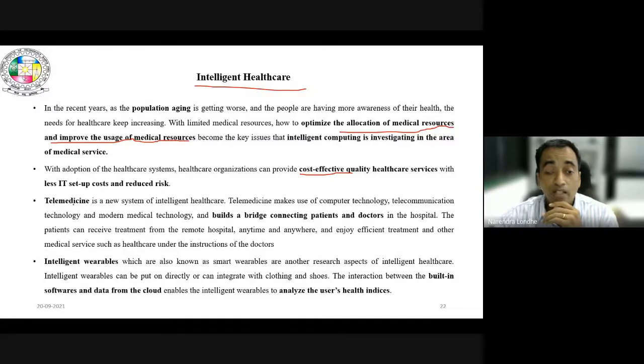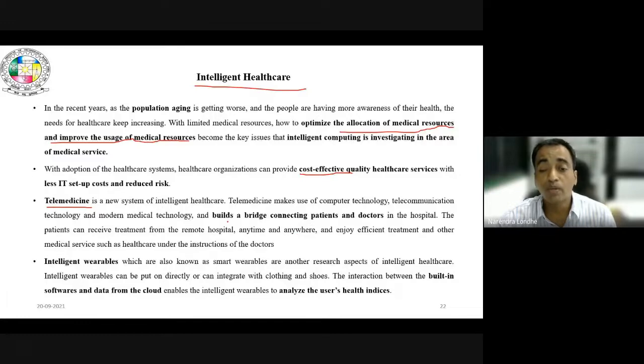Okay, and there is one system we call telemedicine. It is a new system of intelligent healthcare where the doctor and patient can be at distant places and still communicate. The patient can describe their symptoms, they can be scanned, and those data are provided to the doctors using internet services.